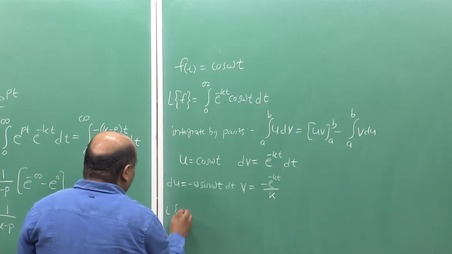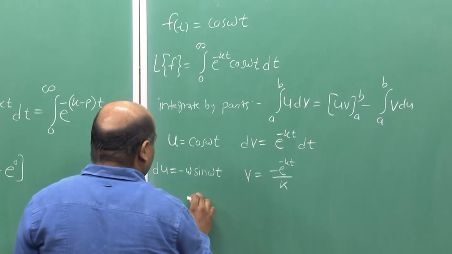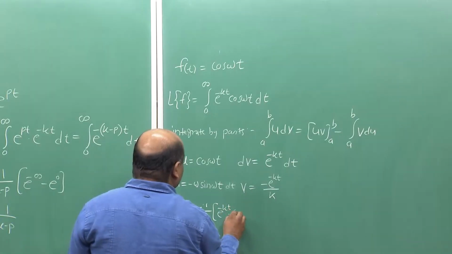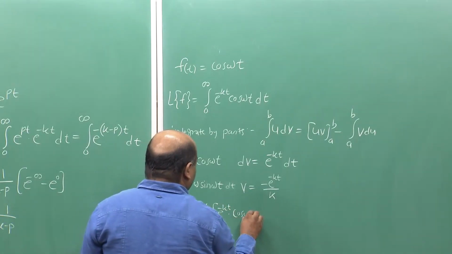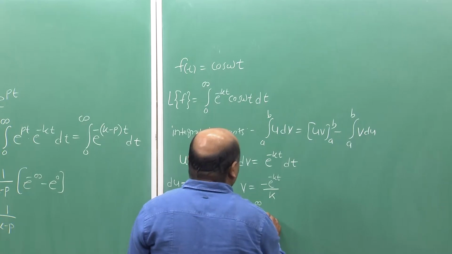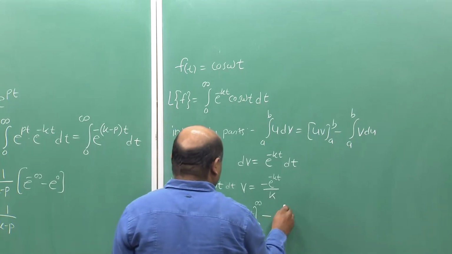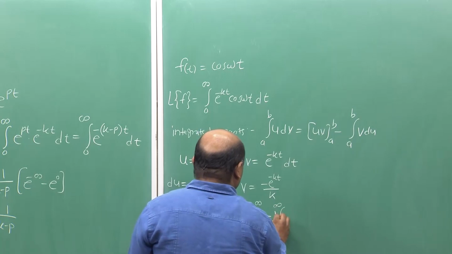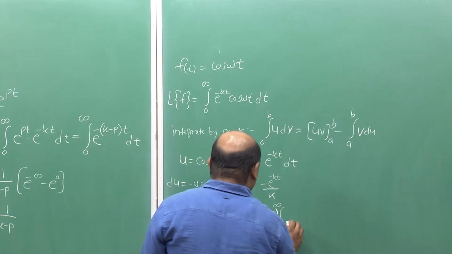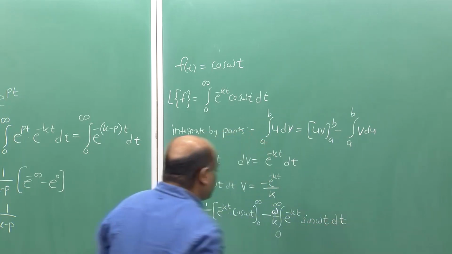Okay. So, L of f becomes u v, which is minus 1 by k e to power minus k t times cos omega t from 0 to infinity, minus the integral of v du, which gives plus, integral 0 to infinity, 1 by k, omega by k e to power minus k t sin omega t dt.